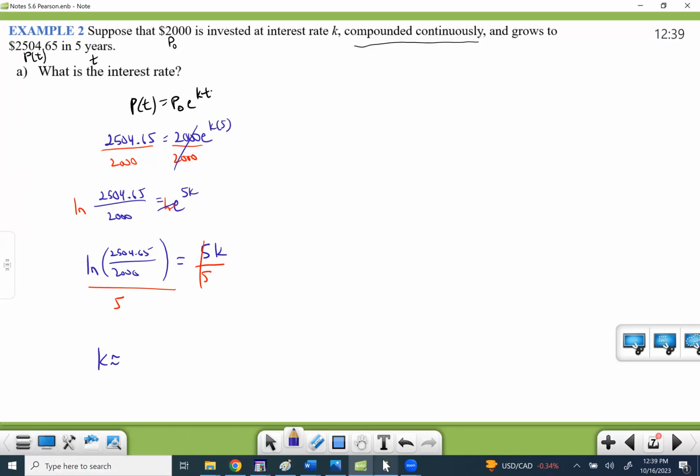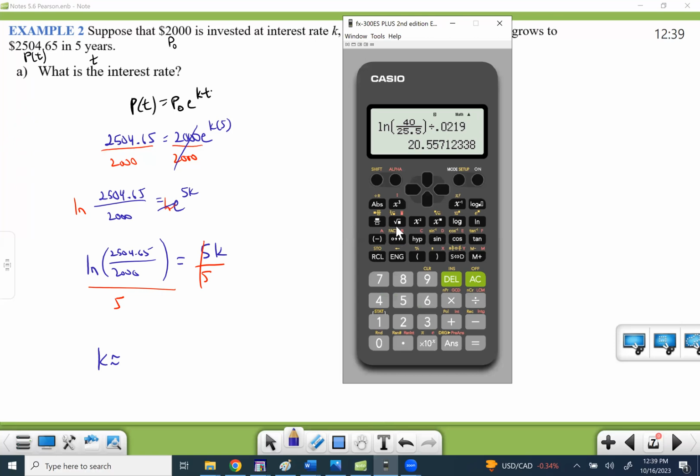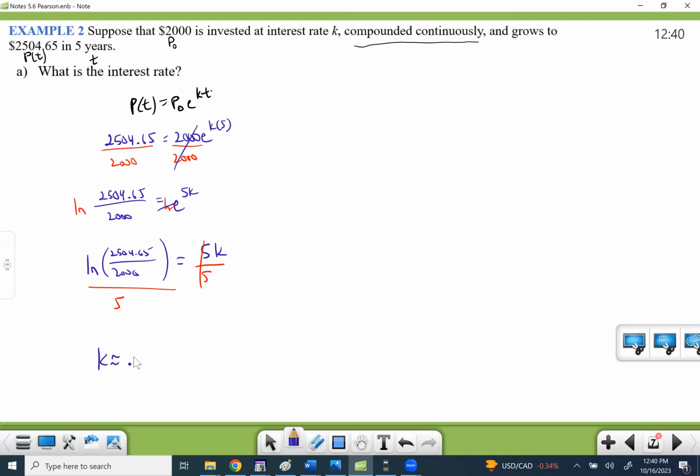Okay, so let's plug this in. Natural log 2504.65 over 2,000. Oops, I keep doing that. Sorry, guys. I'll learn eventually. All right. And then divided by 5, the whole thing, right? So I got 0.045-ish.